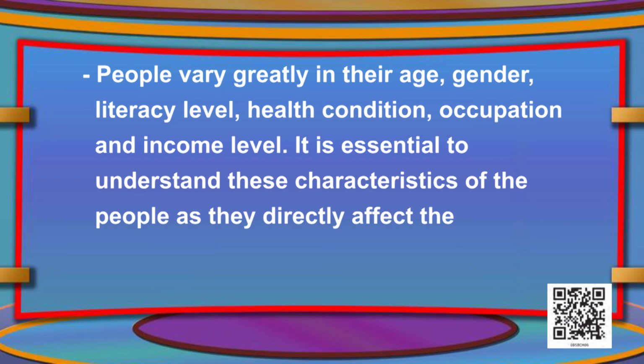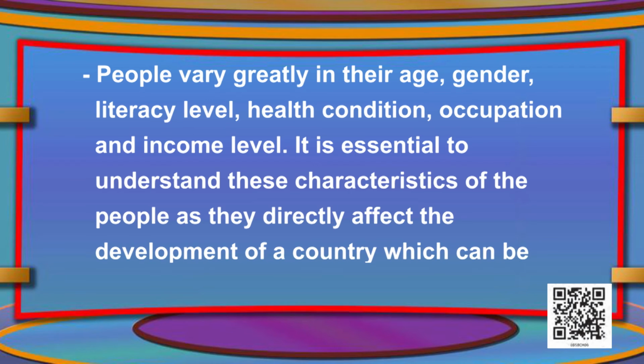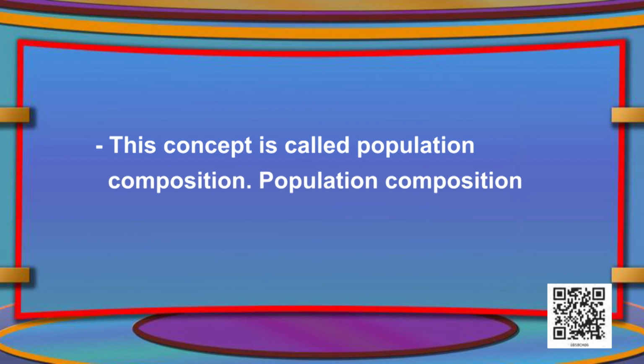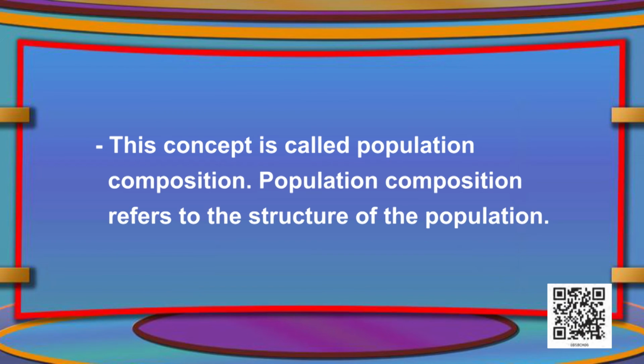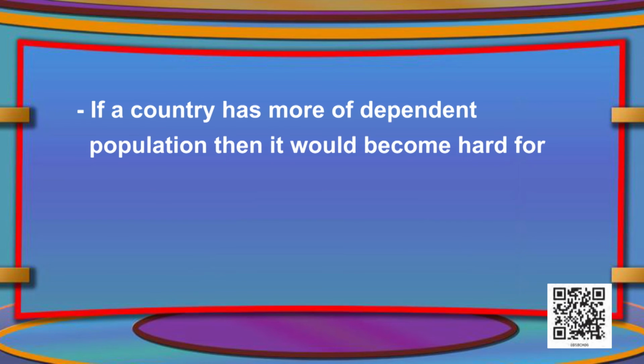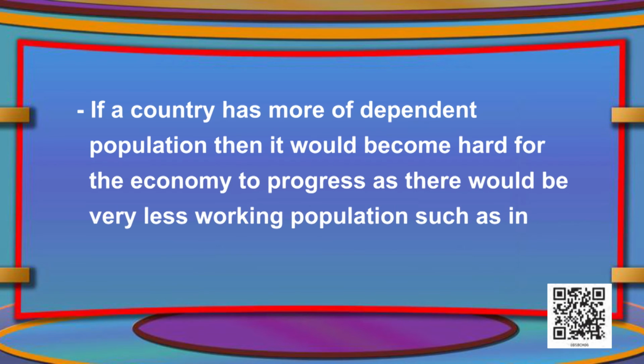It is essential to understand these characteristics as they directly affect the development of a country. This can be done through a population pyramid. Population composition refers to the structure of the population. If a country has more of dependent population, then it would become hard for the economy to progress, as there would be very less working population such as in Kenya and Japan.